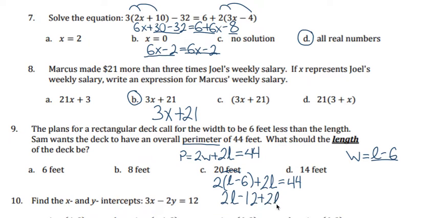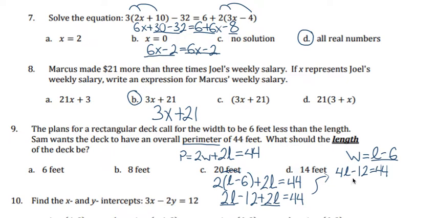Plus 2 times L equals 44. We can combine like terms. Those two L's go together. And we're going to have 4L minus 12 equals 44.